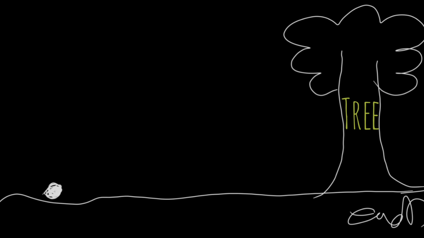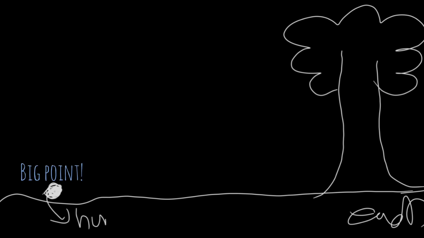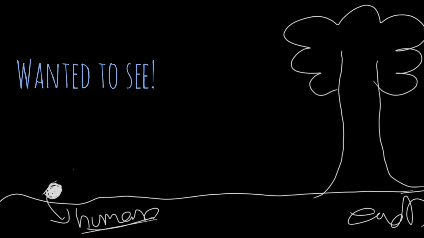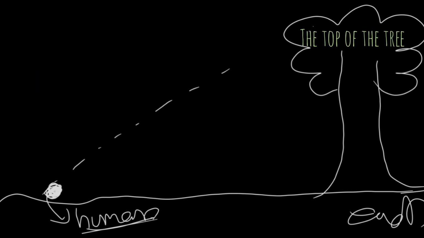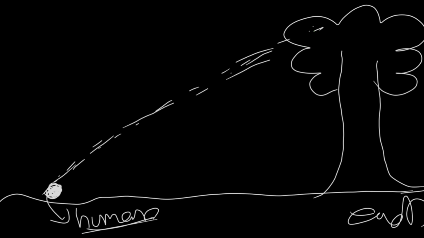Let's assume this big point has a human, and these are the human's eyes. This human wanted to see the top of the tree. So how can he see? Through his eyes. But how can his eyes see?